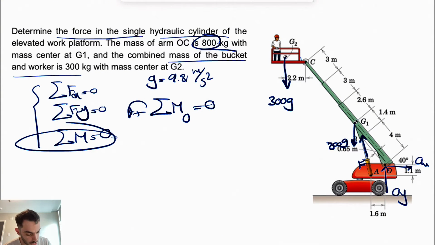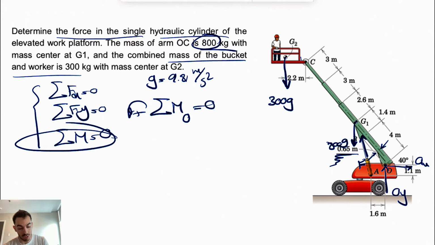If you look at the point G, we see that it's in the middle of the width of this arm. But if you look at the point O, we'll see it's a little bit to the left of that. And we actually have a distance in the question, which is this distance. That is actually 0.65 meter, a little bit to the left of that point.